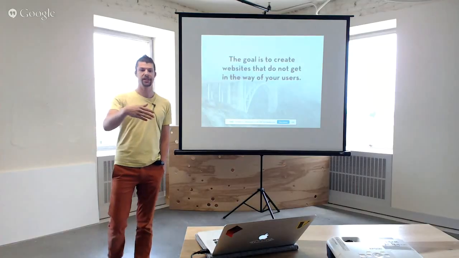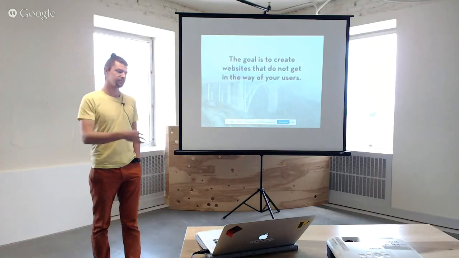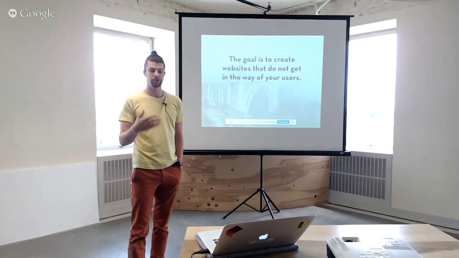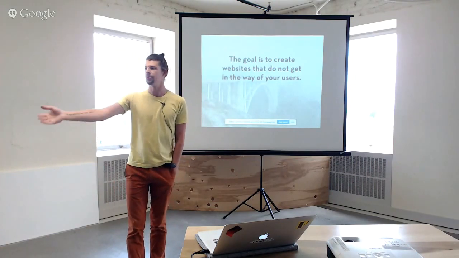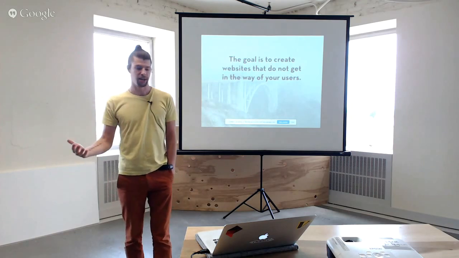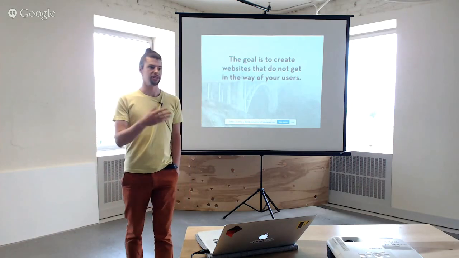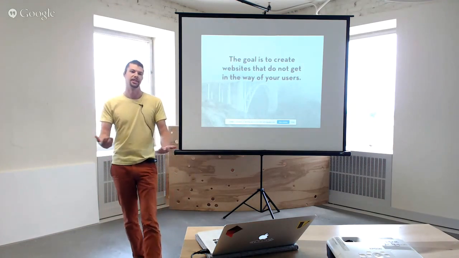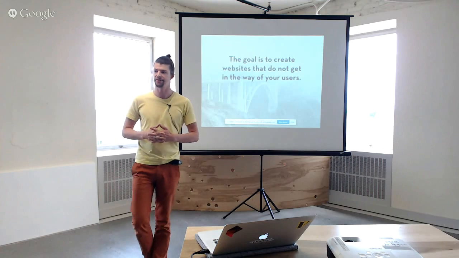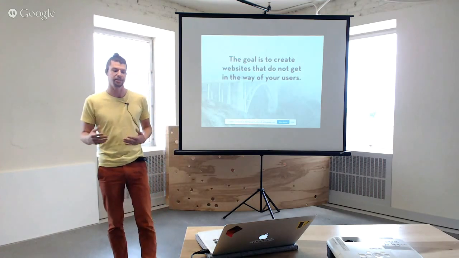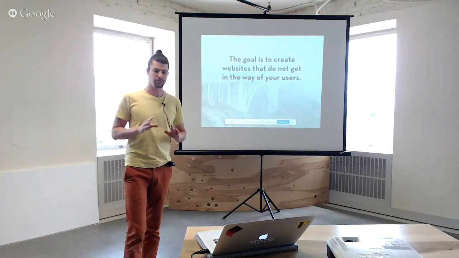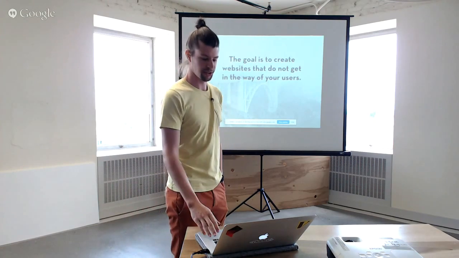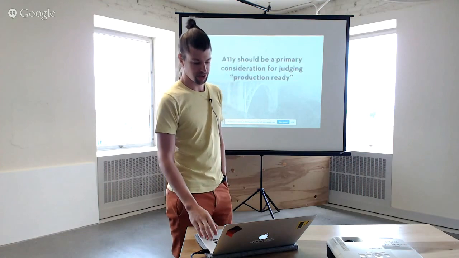I'm going to take advantage of the tools that other people have given me in HTML, JavaScript and CSS, and use them to the full ability so that people who approach the website using an assistive device, or someone with color blindness who doesn't even need an assistive device but doesn't have the same eyesight you do, aren't hindered. That's our baseline goal. We want to not get in the way of our users.